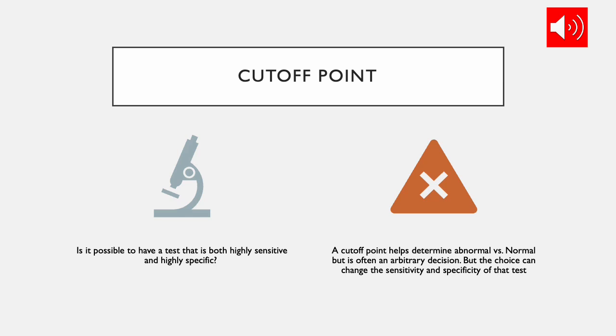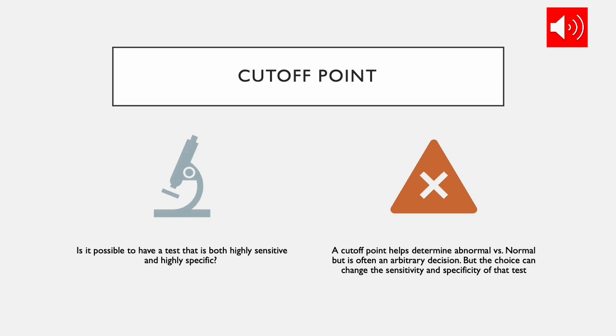Cutoff points are used in every test we do that has numerical values, like blood pressures, troponins, and creatinine. All of those have cutoff points, and they help determine whether you have an abnormal or a normal value.